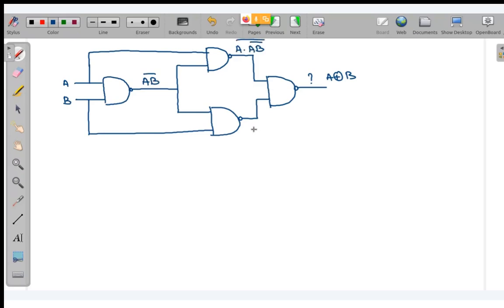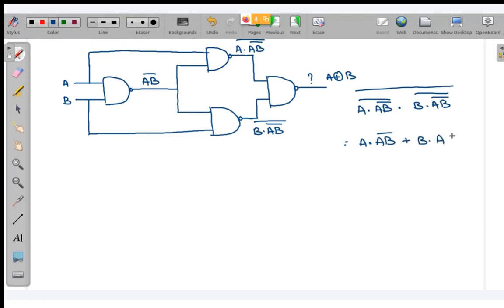This will be B dot AB whole complement. So this will come out to be A dot AB whole complement plus B dot AB whole complement.